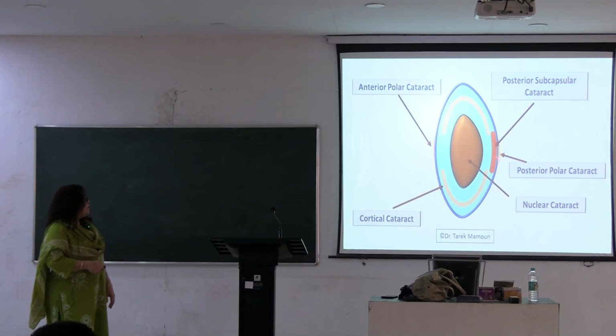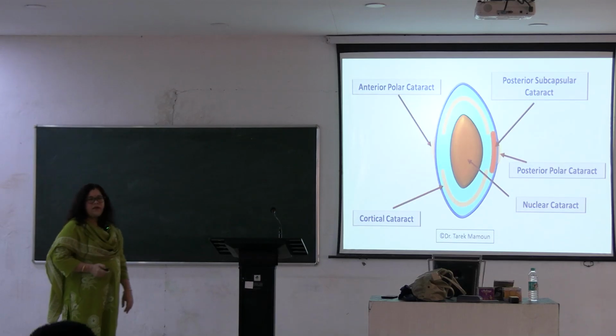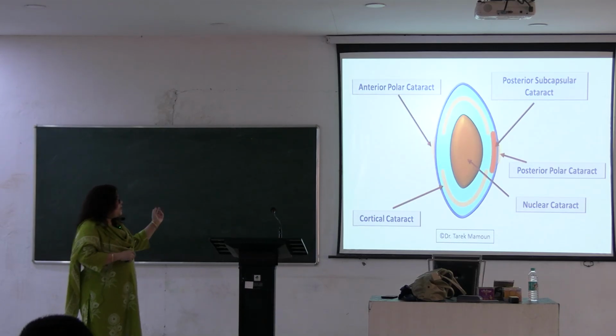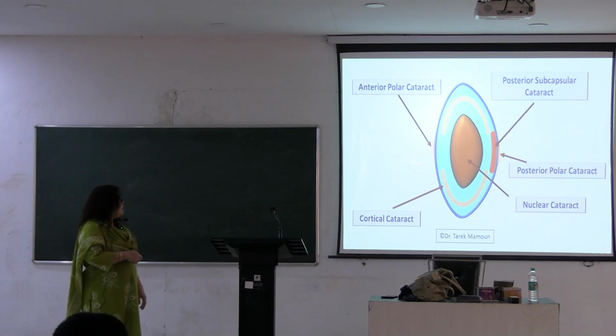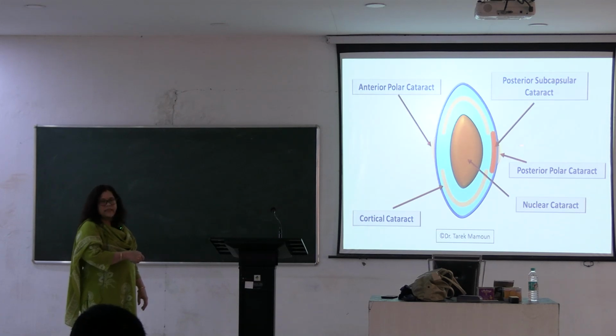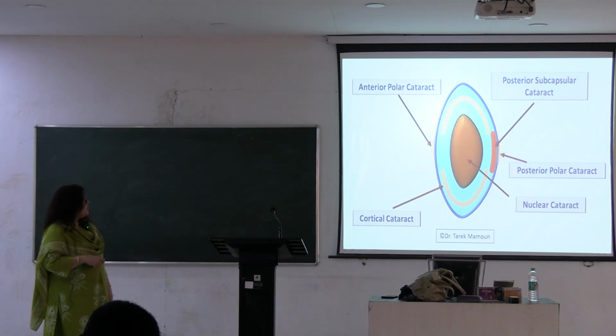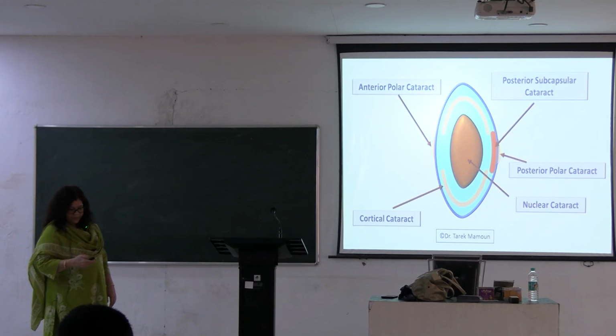But in posterior subcapsular cataract, in the daytime when the pupil is constricted, light rays pass through the nodal point, so they are unable to cross this line. That's why diminution of vision occurs early in posterior subcapsular cataract.